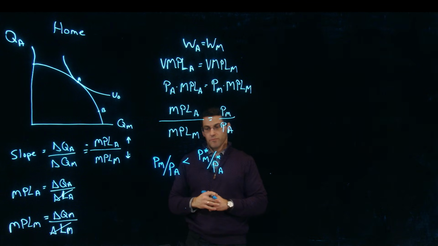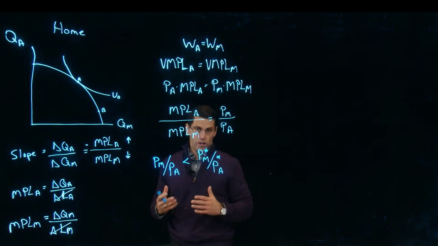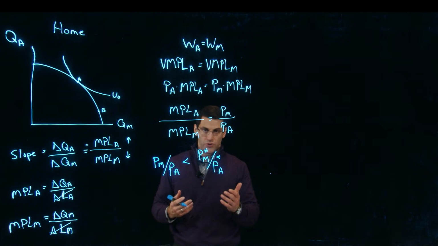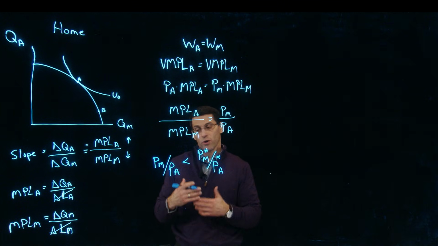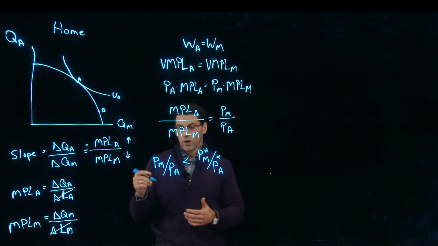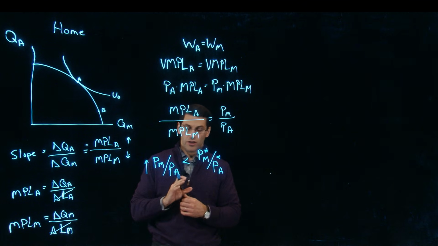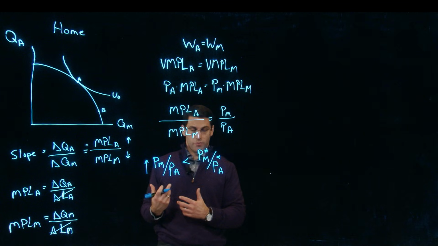So what does that mean? If the home country has a lower relative price in autarky than the foreign country, the world trade price is, of course, going to be somewhere in the middle. So when we open up to trade, the relative price for manufactured goods is going to be seen as going up. That's from the home country perspective.